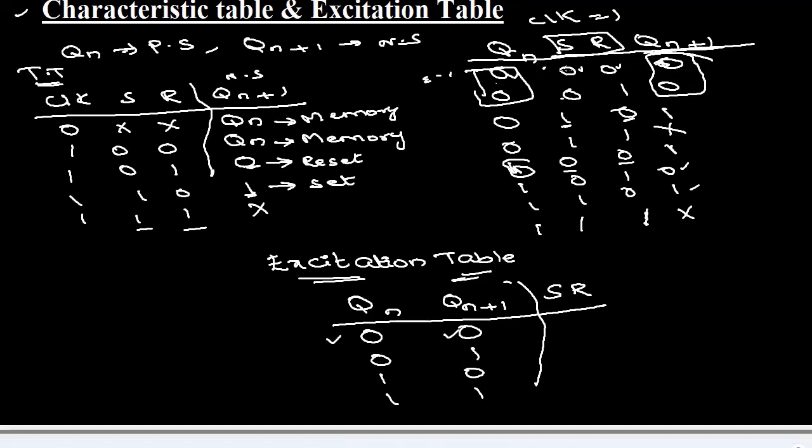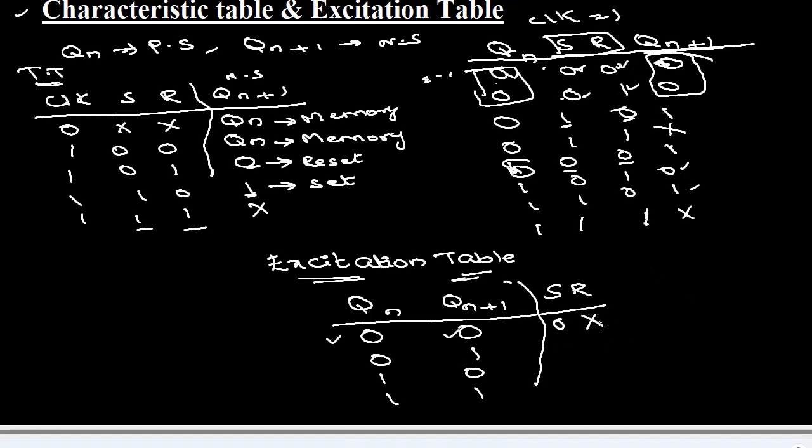S is a fixed value 0. For Qn is 0, Qn plus 1 is 0, S is 0 and R is 0 or 1, which we indicate with don't care. So R is 0 or 1, and we indicate it with a don't care condition.